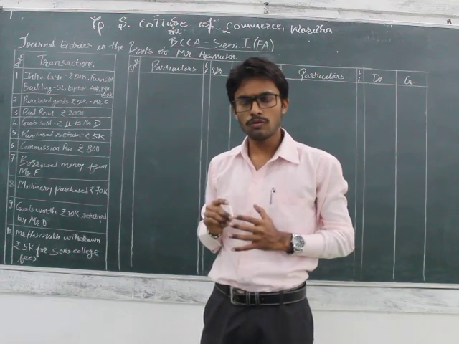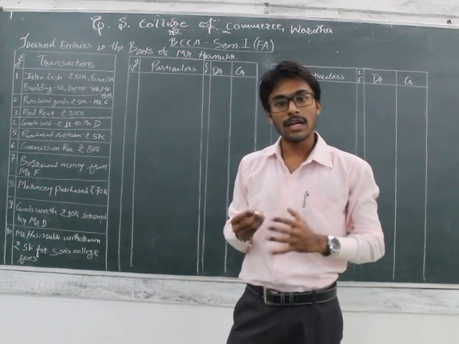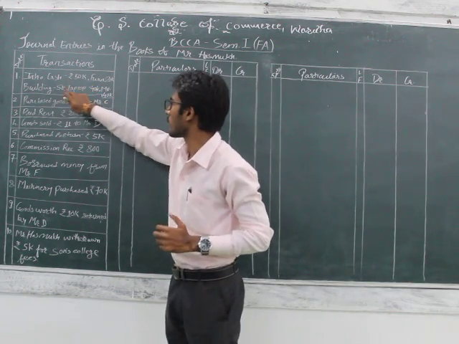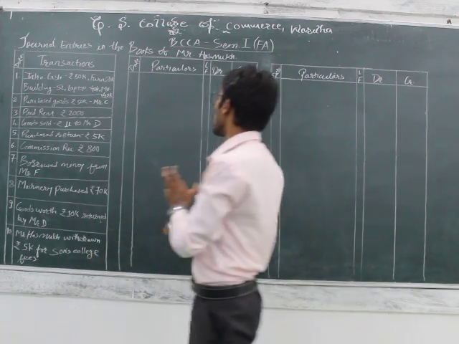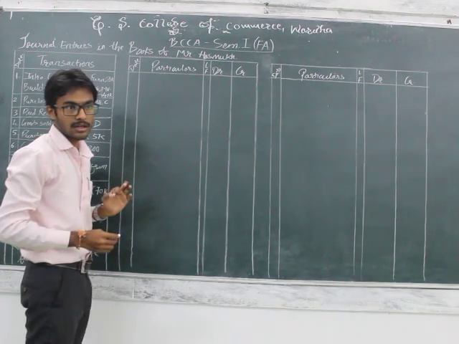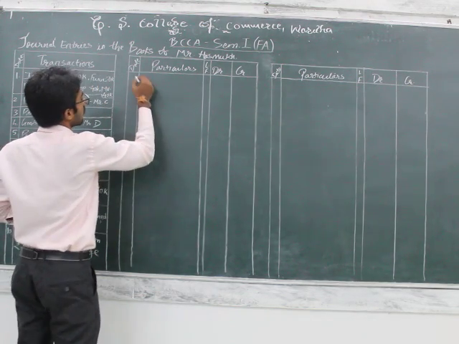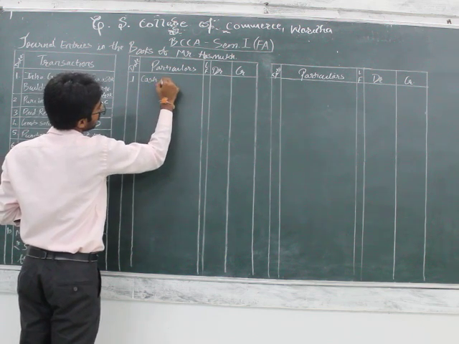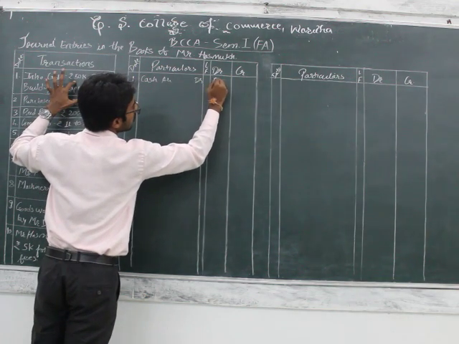And the golden rule for an asset, that means for a real account, is debit what comes in. These 5 things are coming into the business, so we will debit all of them. On the first transaction, cash is coming in, so the cash account will be debited with 50,000.